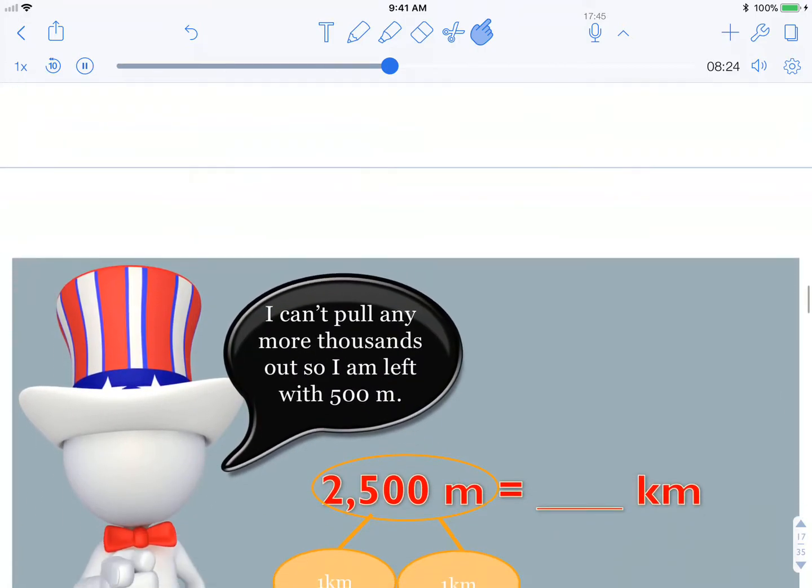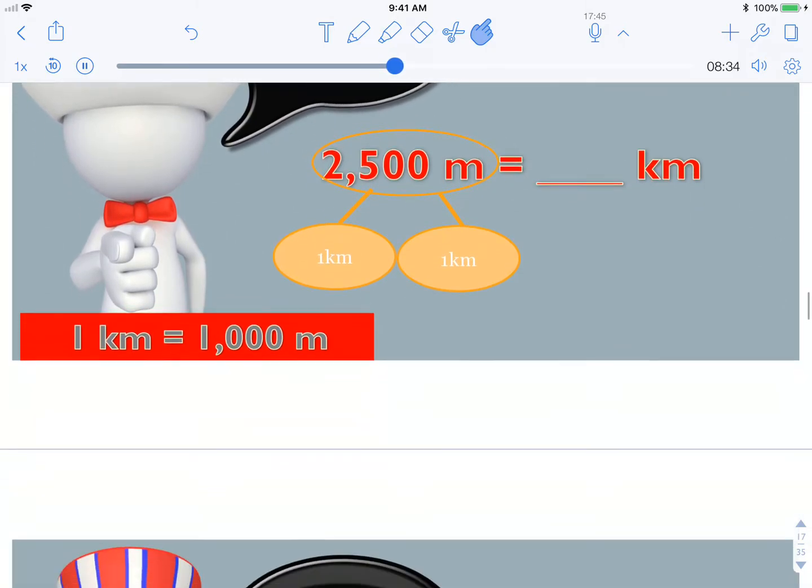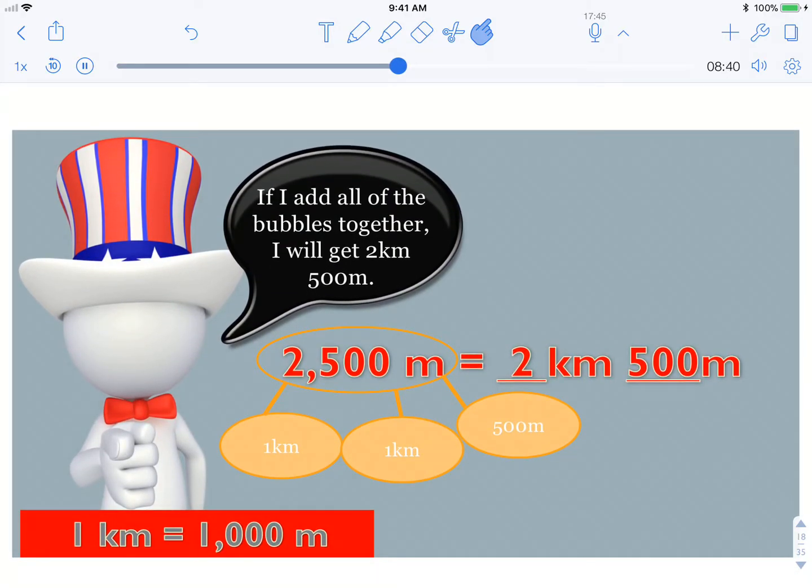I can't pull out any more thousands, so I am left with 500 meters. If I add all the bubbles together, I will get 2 kilometers, 500 meters. So remember, 2 kilometers is another way to say 2,000. Sometimes I think of my kilometers as, if you take out the kilometer and put a comma in its place, you have 2,500.